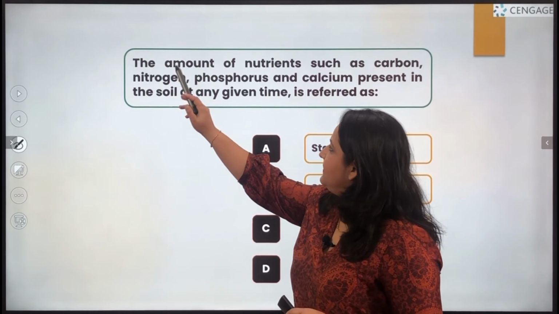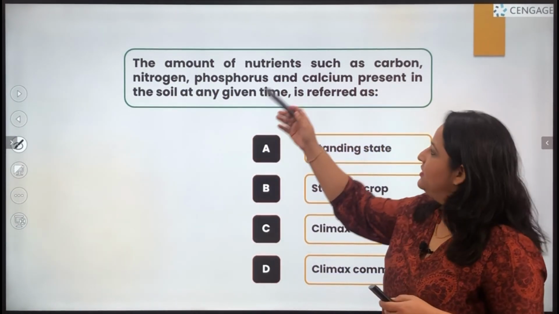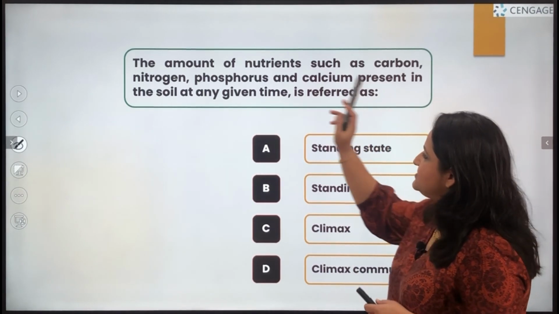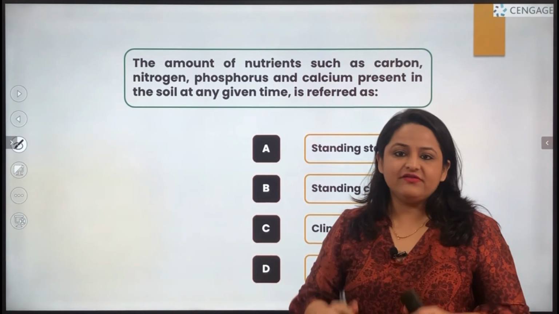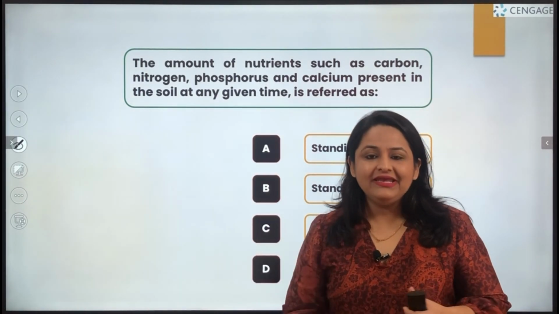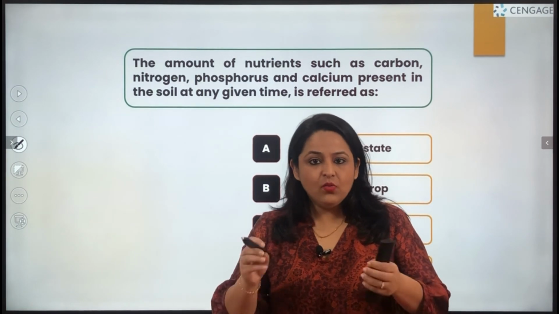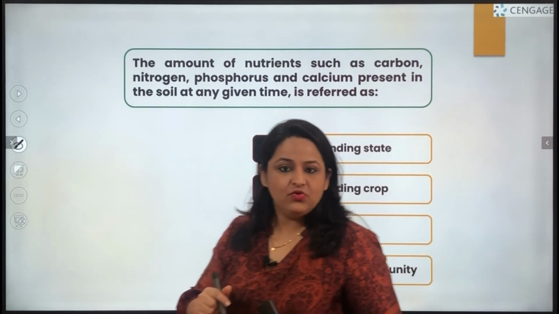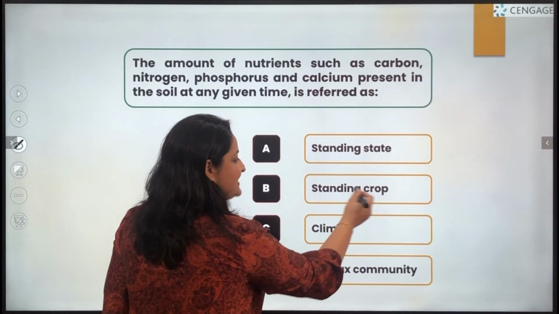Here they are asking about the amount of nutrients such as carbon, nitrogen, phosphorus and calcium that is present in the soil at any given time. What is that referred to? So the amount of any type of nutrient present in the soil at a particular time, what is that known as? Is it known as the standing state? Is it known as the standing crop?